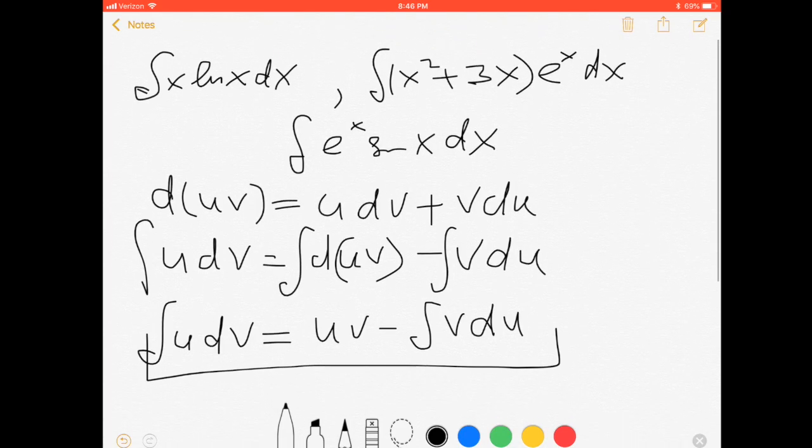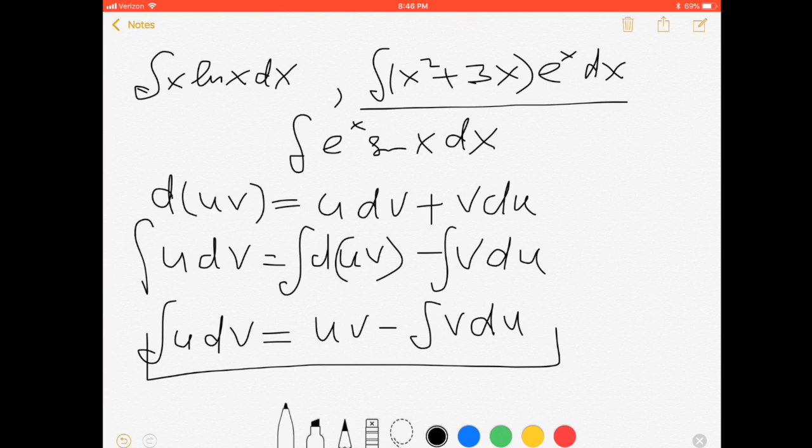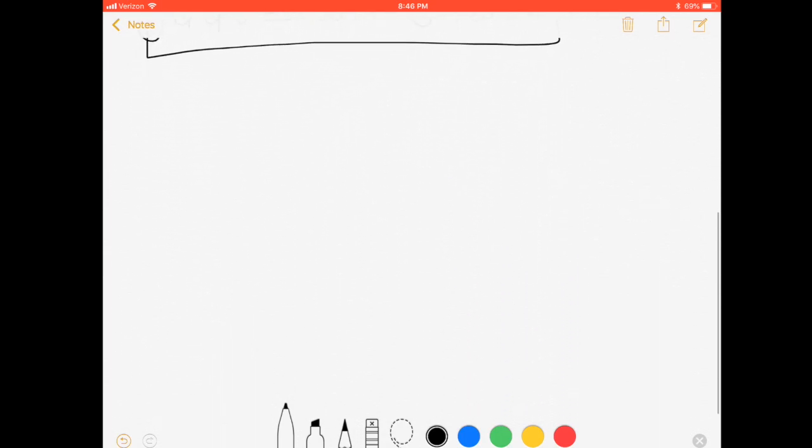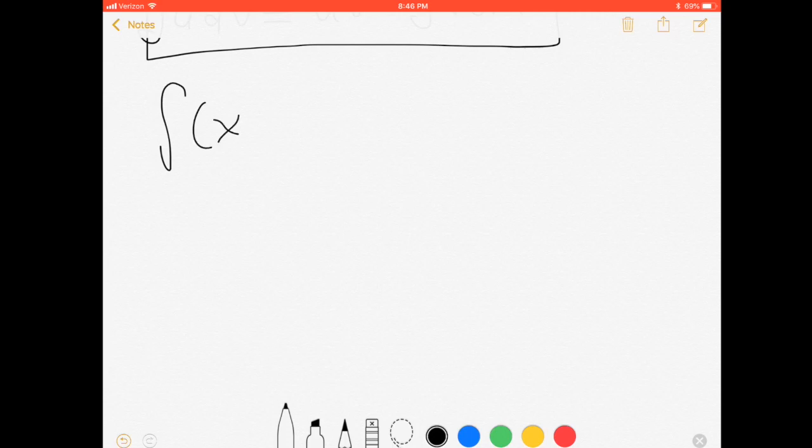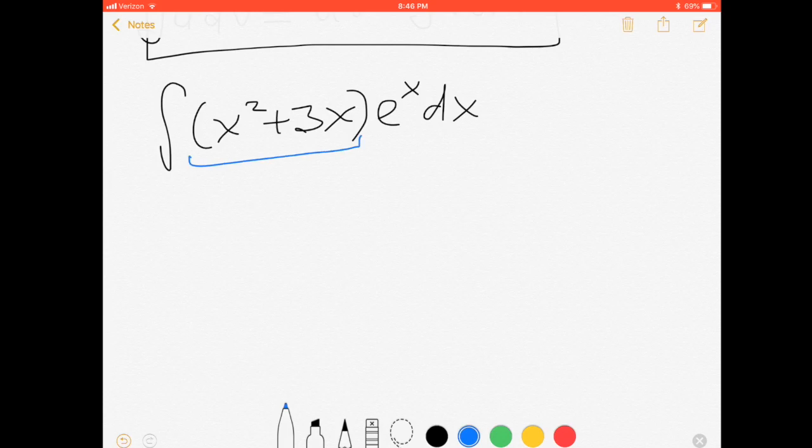Okay. Try doing this example. Use this formula. Now we start the second example: the integral of x squared plus 3x times e exponent x dx. See what kind of functions we have. We have the function x squared plus 3x and the function e exponent x. x squared plus 3x is a polynomial of second degree, because the maximum degree is 2.